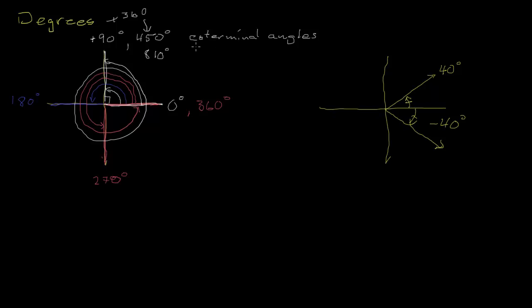So far we've talked about coterminal angles, direction of rotation. Now I want to talk about complements. Complementary angles are two positive angles whose sum is 90 degrees.